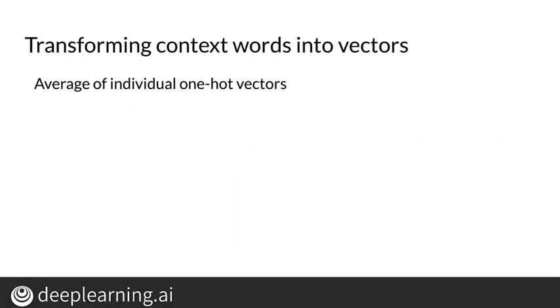For the context words, you will create a single vector that represents the context from all of the context words. To create this vector for the entire context, take the average of the one-hot vectors of each context word.